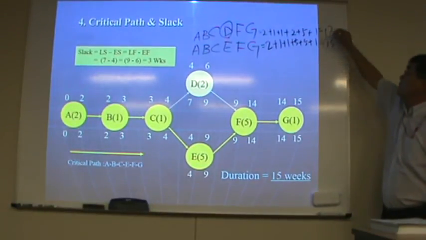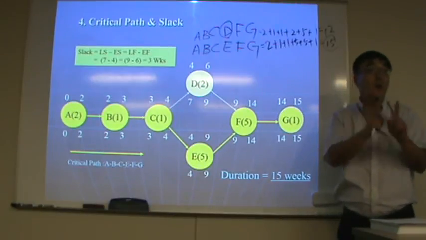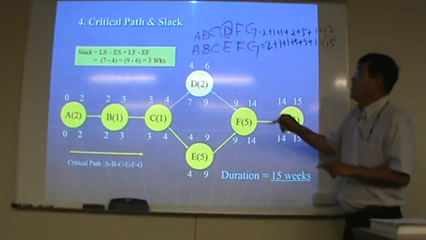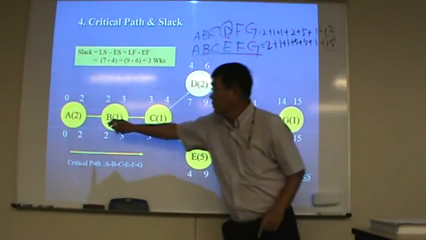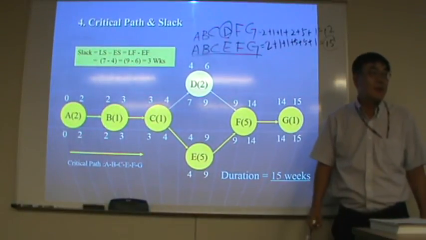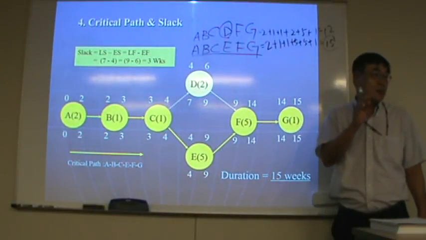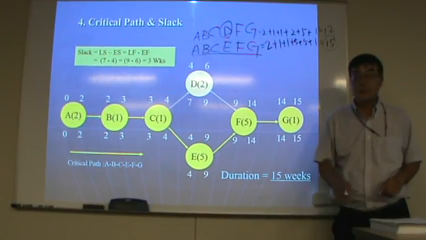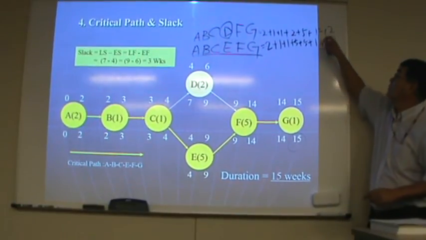So the critical path is the longest path, so this one is the critical path. And the duration of the critical path is always the same as the project time: 15.